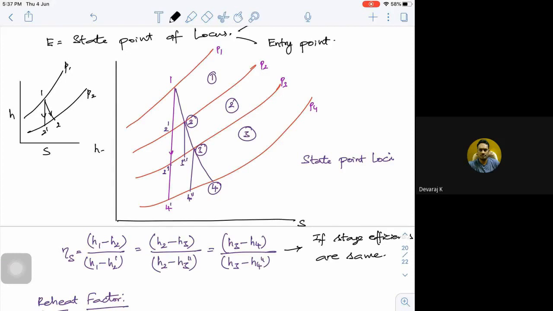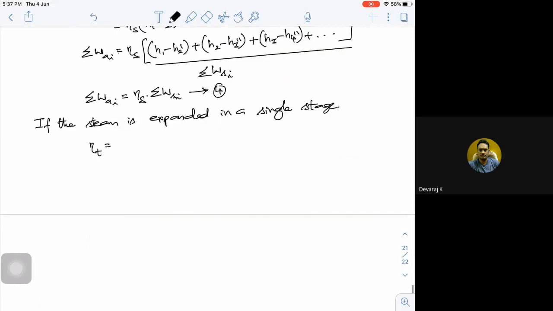Your total efficiency will be equal to your actual work done, which is H1 minus H2 divided by H1 minus H2 dash. Then your actual work done is equal to the total efficiency into the single stage isentropic work. Let me call that isentropic efficiency, equation number 5.